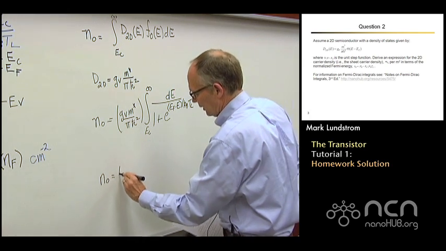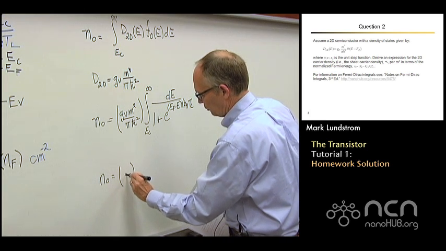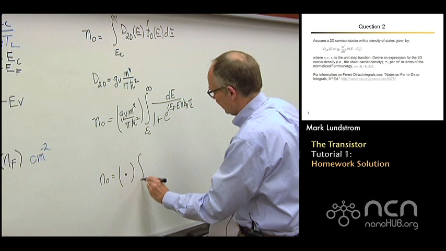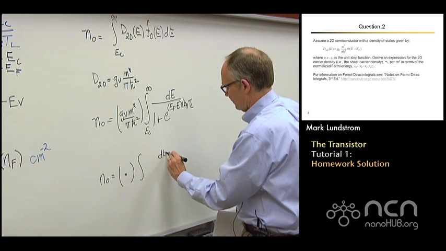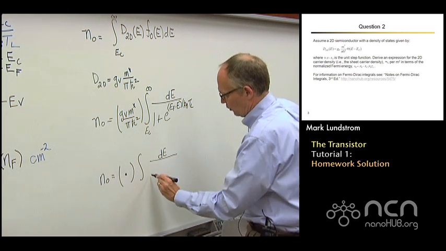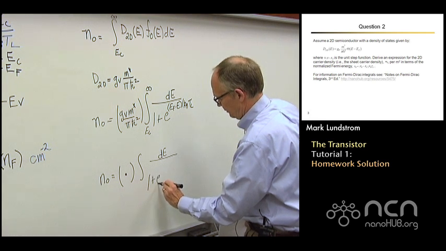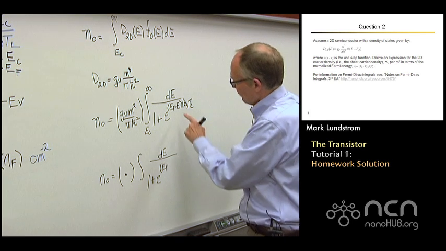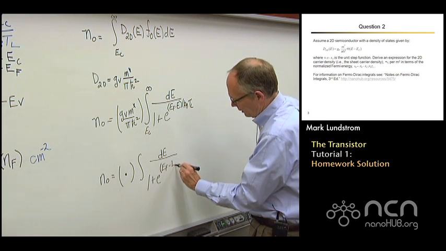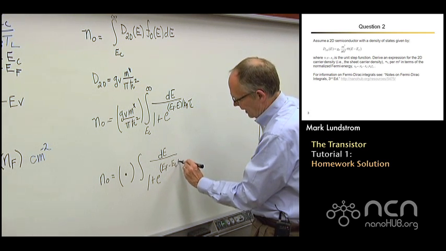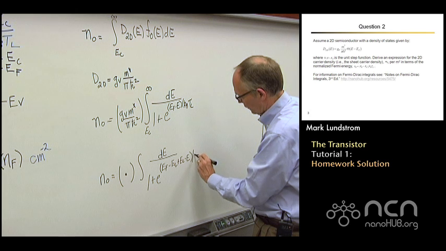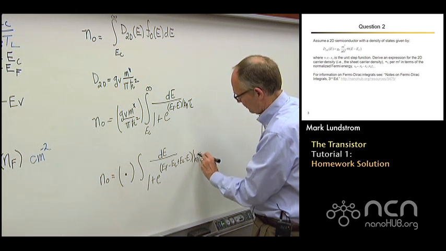So we have this set of constants, which I'm just going to write this way to save myself some time. If I integrate now, in the argument of my integration, I'm going to subtract the bottom of the conduction band and then add the bottom of the conduction band, and then I had a minus energy over kBT.